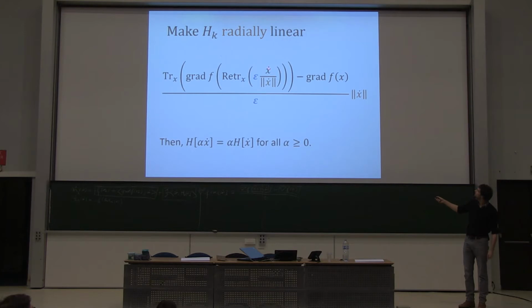Because if x dot is 5 times bigger, I'm going to divide by 5 times bigger, which means that I'm going to look at the same point, and I'm going to make up for that by multiplying by 5 over here, which means that along every single ray, I will have linearity, just not along composition of rays. And this means that with this formula, I have radial linearity. And then if I also show that these are uniformly bounded, which is going to be some kind of a Lipschitz assumption on the gradient, then I'll be fine.